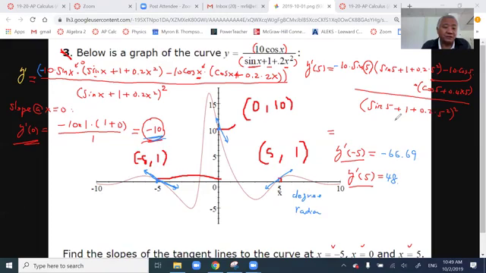So if you do that, you will get what? You will get the y equals to, if x equals to -5 degrees, and then the value of the derivative slope will be 5.4. No, this is not good.